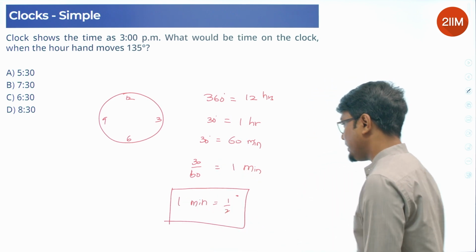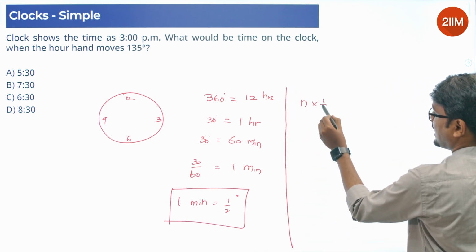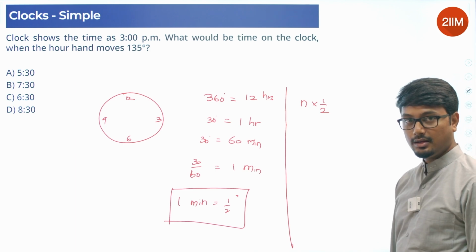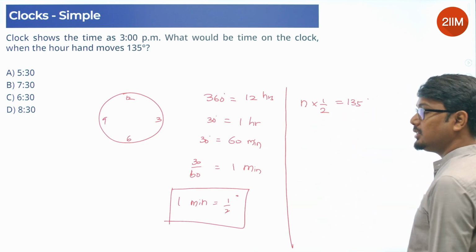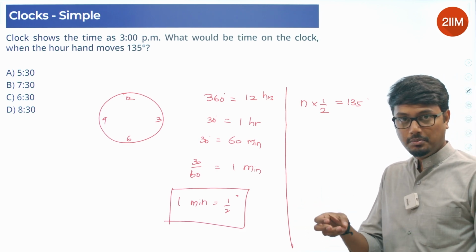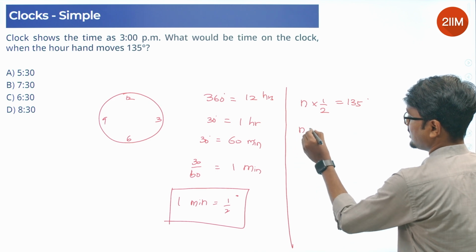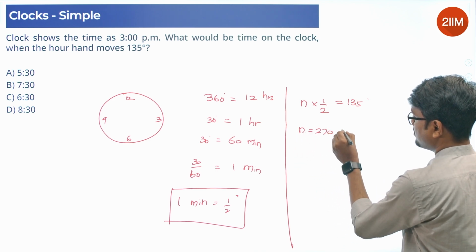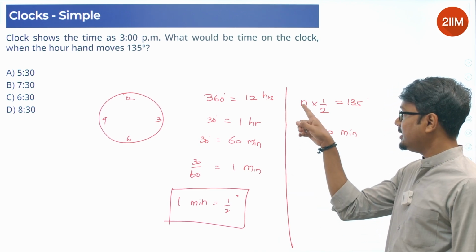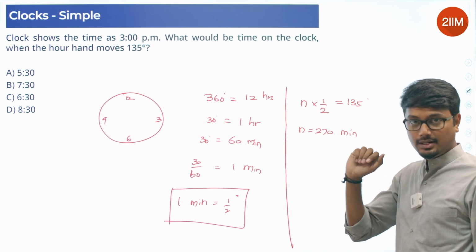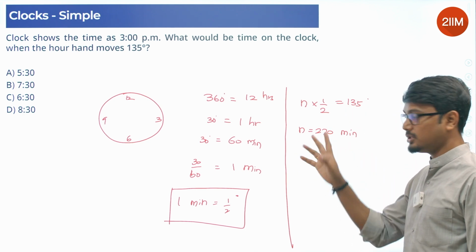So technically speaking, for n minutes, it would be traveling half a degree. Altogether it says it is 135 degree. So 135 degree later, how many minutes later, how many hours later, we have to check it out. So 2 goes there, it is 270 minutes later, right? So every minute it is half a degree covered, right? So 135 degree means 135 times 2 will give you this, right?